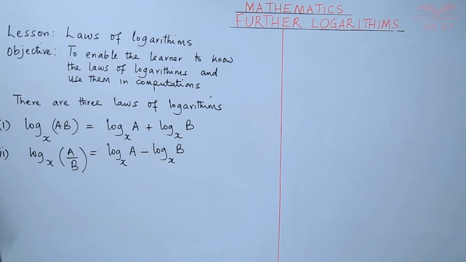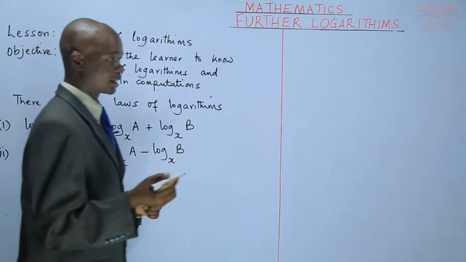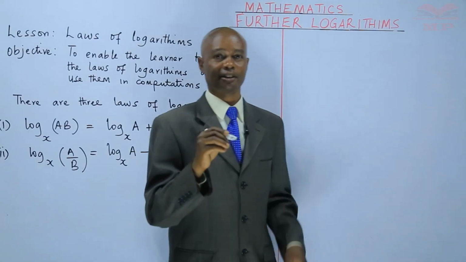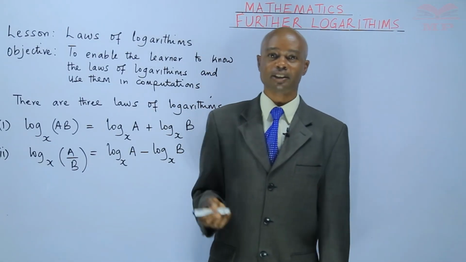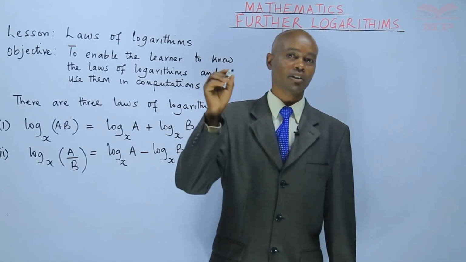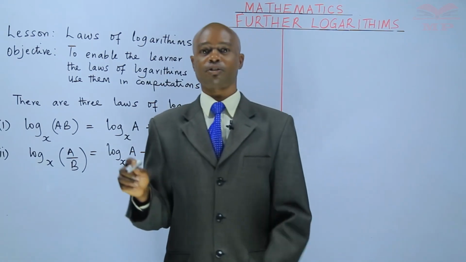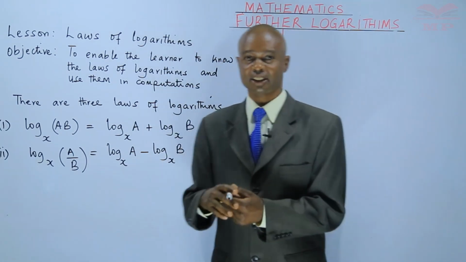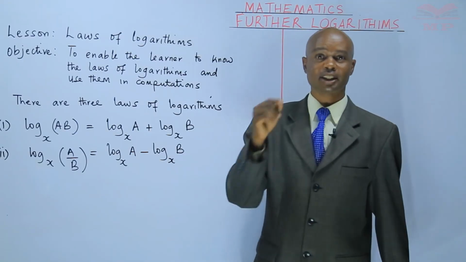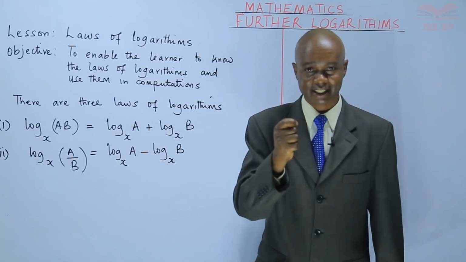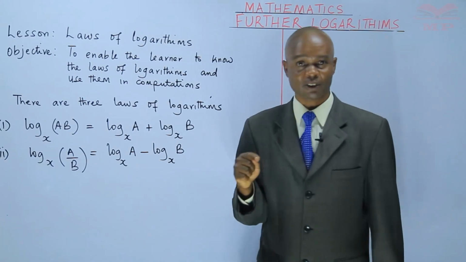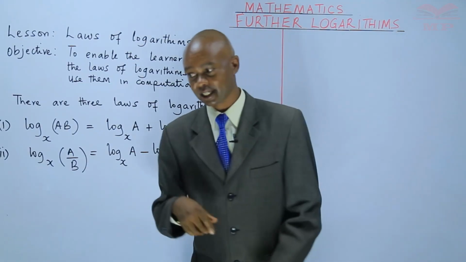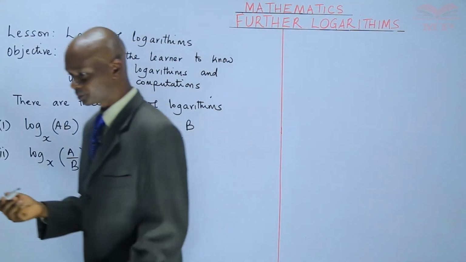I think you got that experience in book 2, only that you were using the base 10. If you had a number like 565 divided by 211, you got the logarithm of 565 and the logarithm of 211, and then you subtracted because you are using the same base 10. That culminates to that law, although we shall know where it came from.